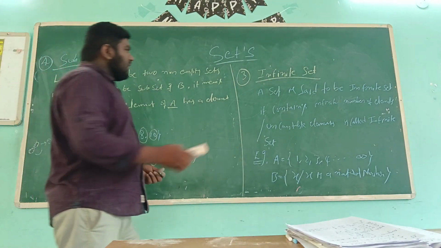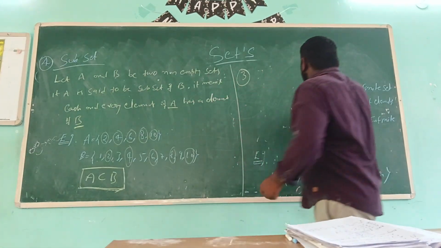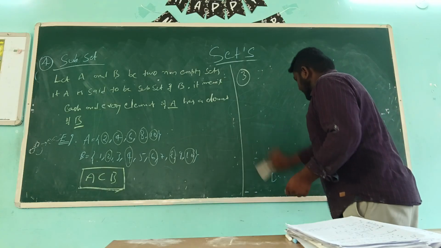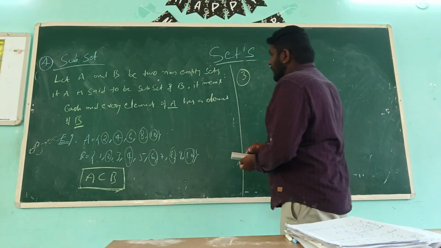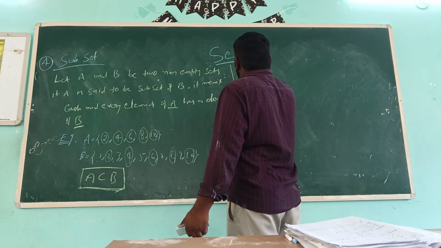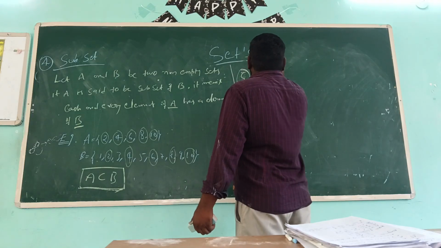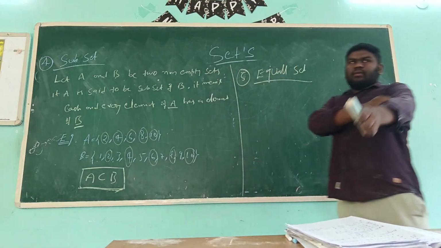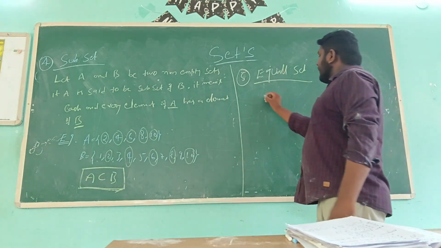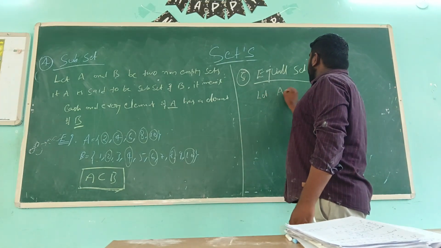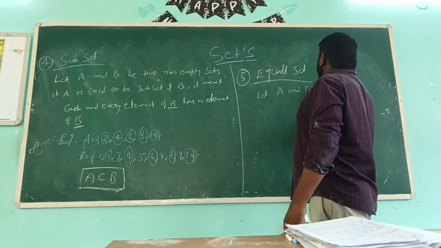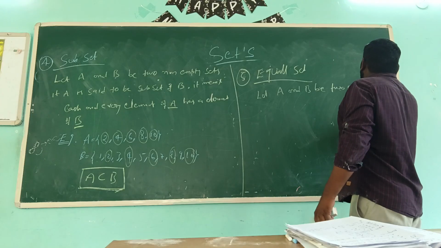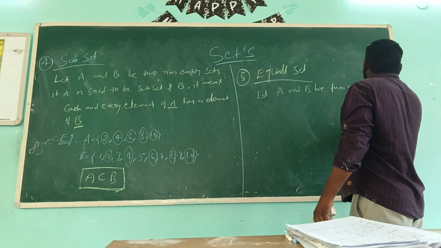Then we will go for the equal set. What is an equal set? Fifth one. Let A and B be two non-empty sets.